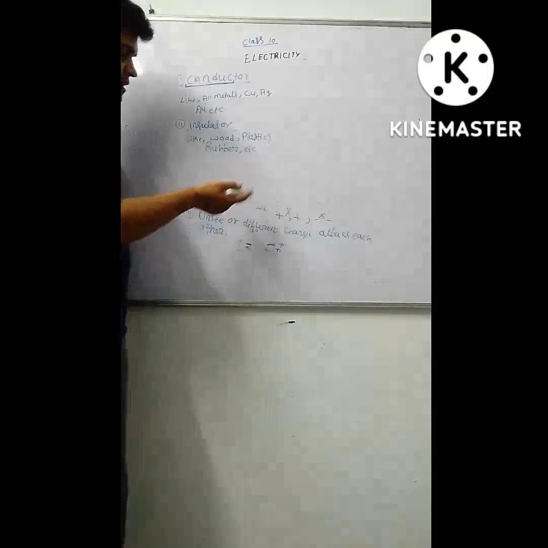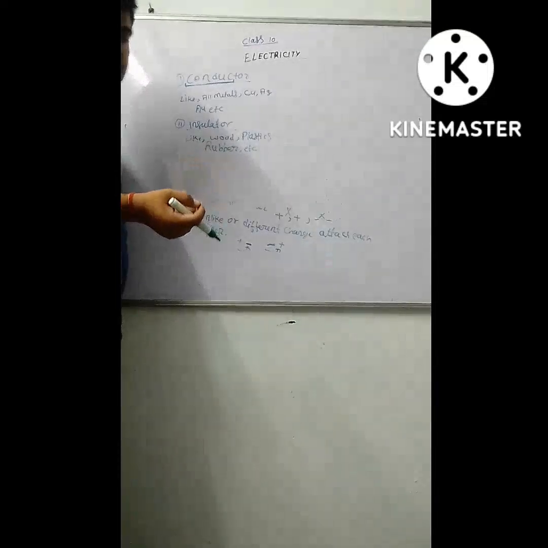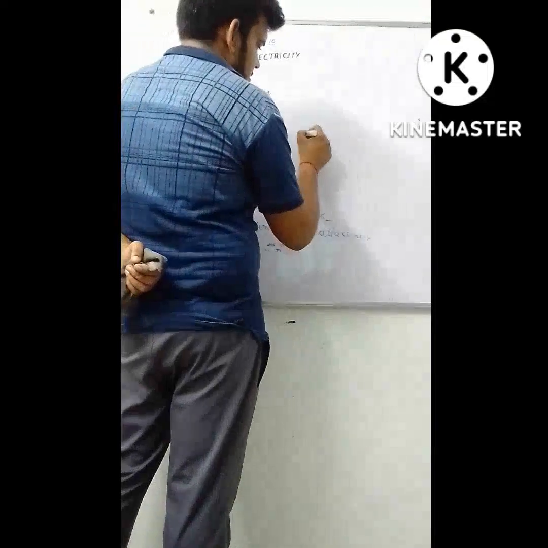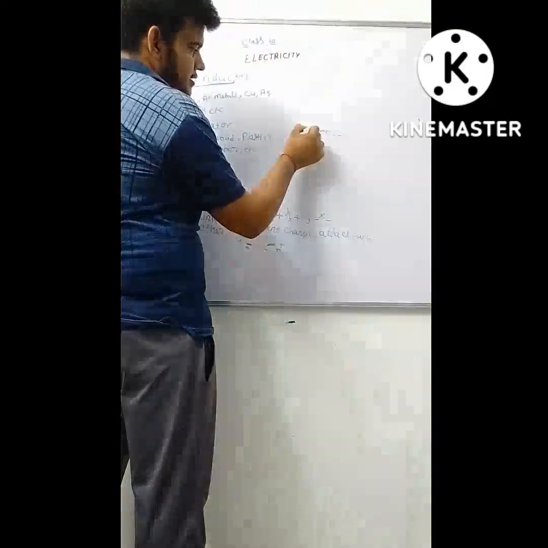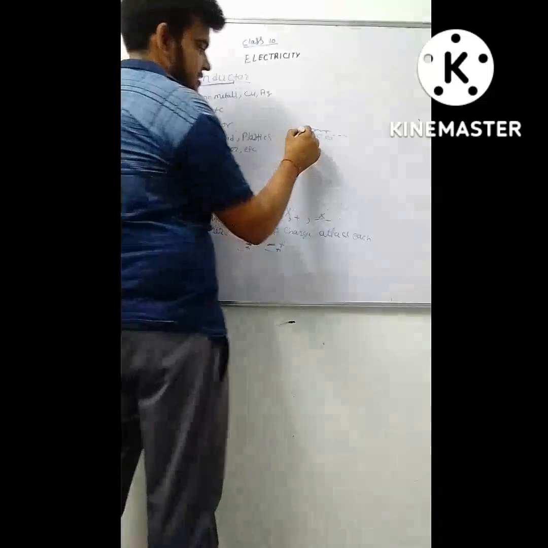We can also see this in our house, that is in wire. That wire we can see in our daily use. The metal part is covered with non-metal, with an insulator.